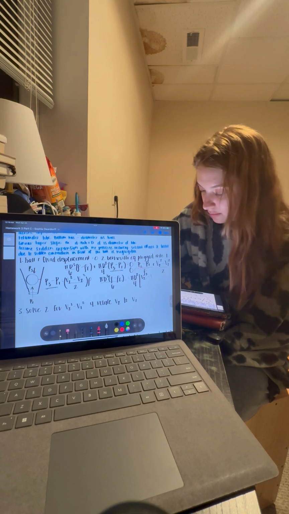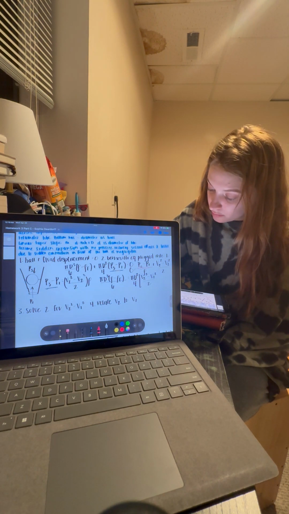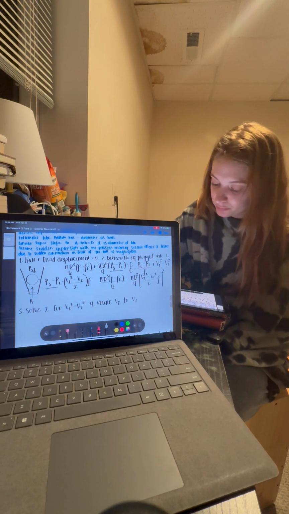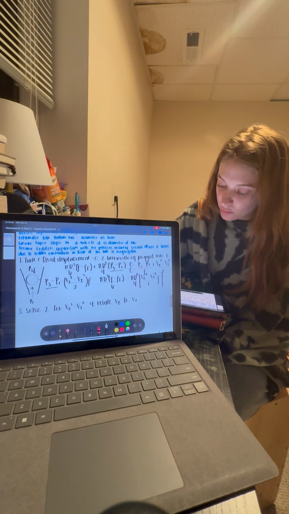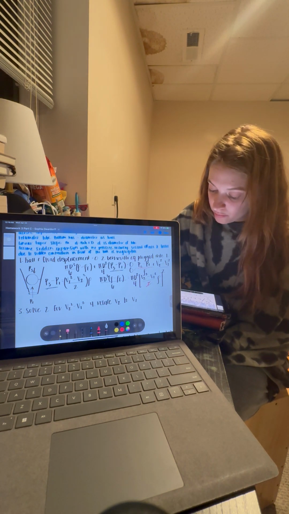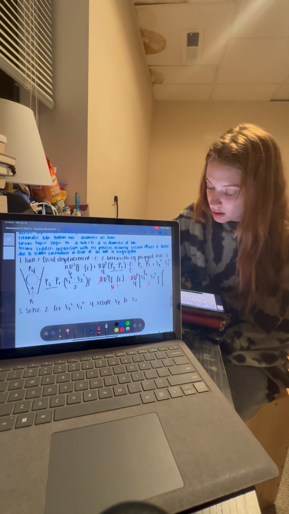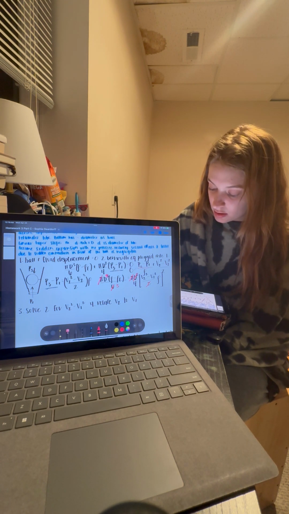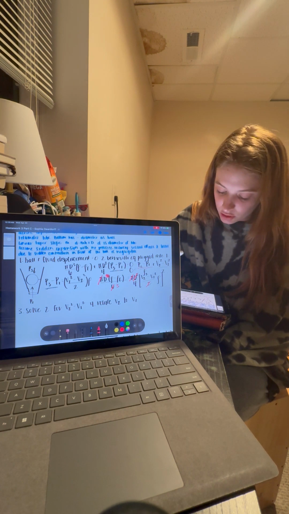We can flip it again because we moved it to the other side. From here we can cancel a couple of things. This ends up equaling 3. We can get rid of pi and pi.